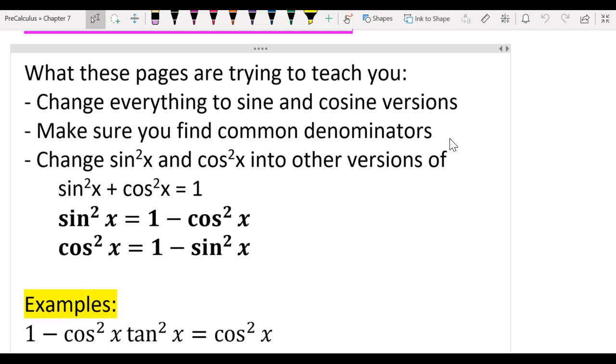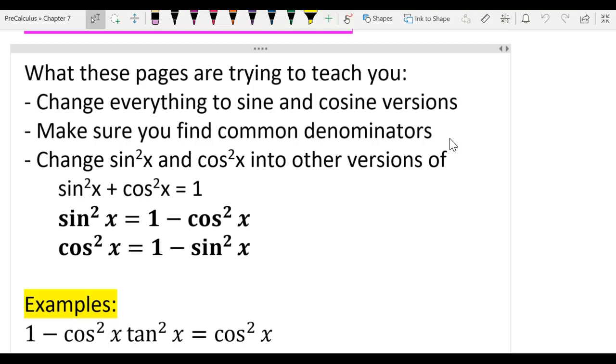Yeah, I can put those up again. So the 4 equations are that secant of x equals 1 over cosine of x, that cosecant of x equals 1 over sine of x, that tan of x equals sine of x over cosine of x, and cotangent of x equals cosine of x over sine of x.